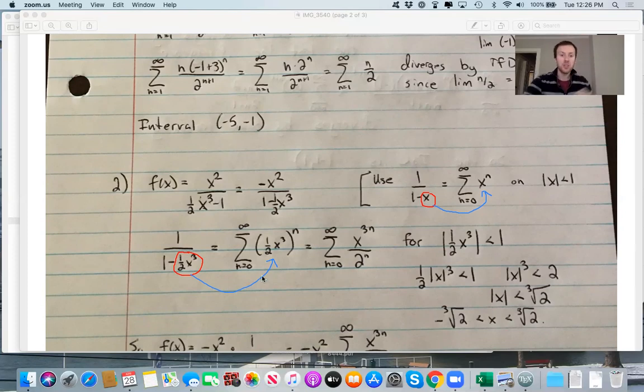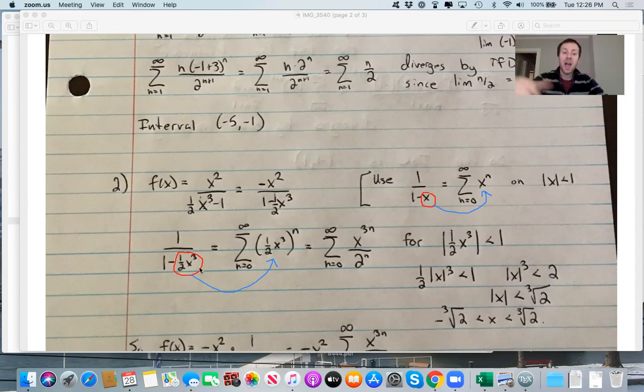And after a little simplifying, so an exponent rule, multiplying these exponents to give us 3n, and then raising the 2 to the n in the denominator, this series, x to the 3n over 2 to the n, is the series which represents this function.